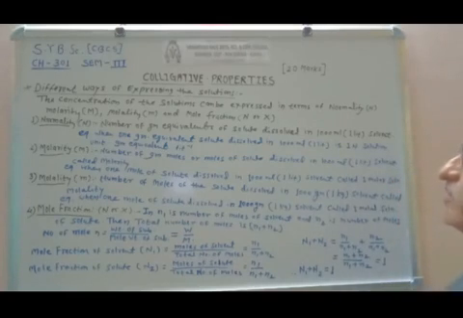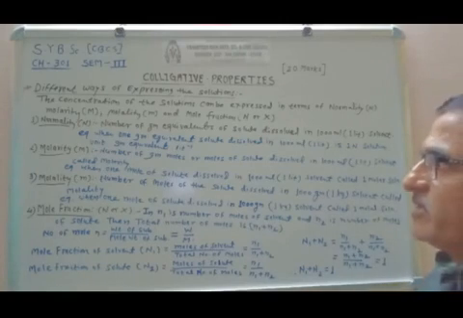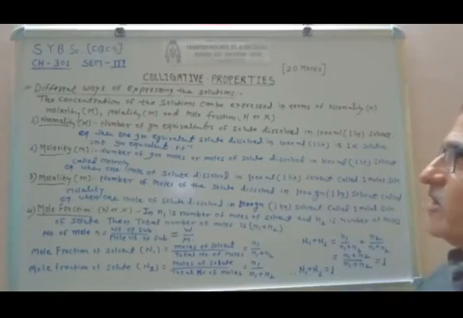The symbol for normality is capital N, molarity is capital M, molality is small m, and mole fraction is N or X.